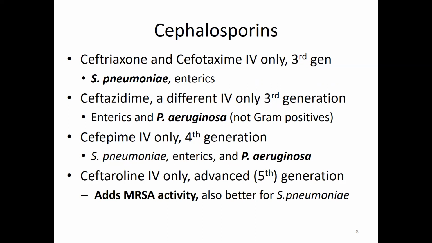There's another third generation called ceftazidime. This is good for enterics, but it doesn't have very good gram-positive activity. Instead, the key point here is that this is an anti-pseudomonal cephalosporin. It has pretty good activity against Pseudomonas aeruginosa. And that is similar to cefepime, the fourth generation.